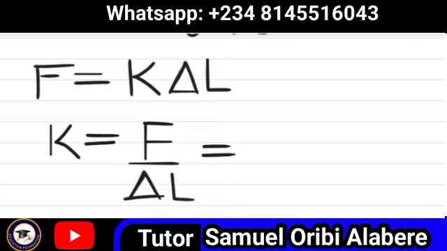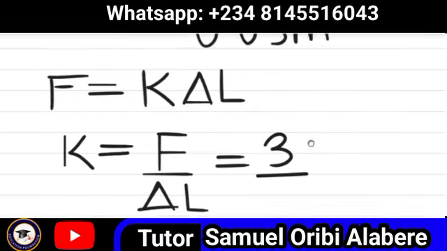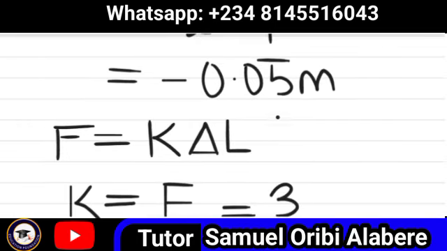So you should remember that our value of force, which is F, from the question is 3 Newton, and our value of the change in length is negative 0.05 meters, as we see here.